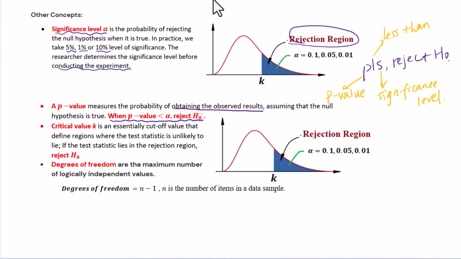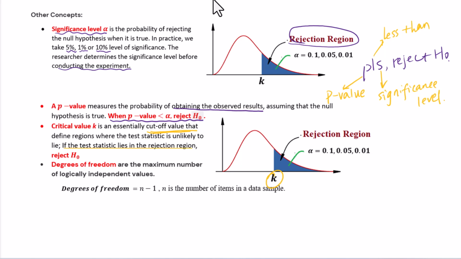Then reject H0. Critical value K is essentially a cut-off value, just like this, that defines regions where the test statistic is unlikely to lie.